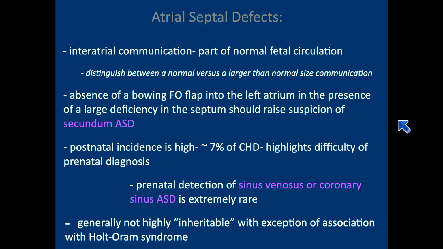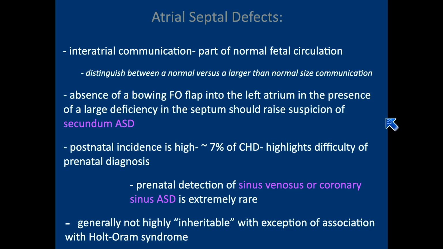And those might raise your suspicion for a secundum ASD. But again, you have to wait for the normal interatrial communication to close as part of neonatal life to be certain with this. The postnatal incidence is not small, about 7% of CHD, which highlights the difficulty of making this diagnosis prenatally because that's obligatorily one of the normal fetal shunts.